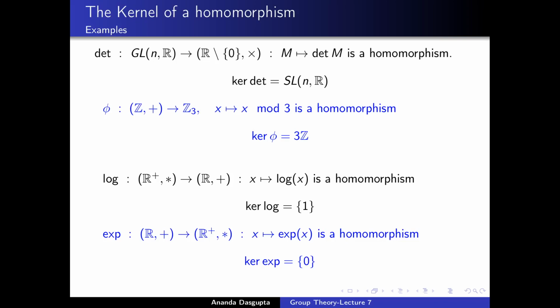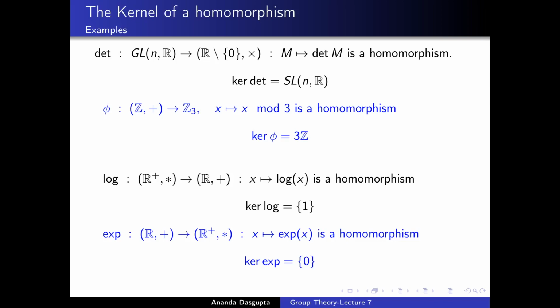As we had discussed earlier, the group with the identity alone is a trivial normal subgroup for every group. The kernel of the homomorphism for the last two cases happens to be exactly that particular trivial normal subgroup.